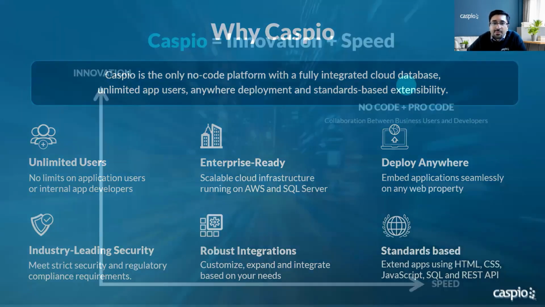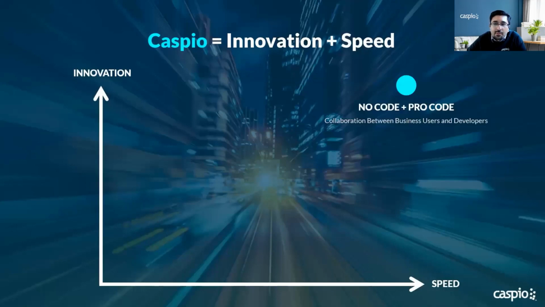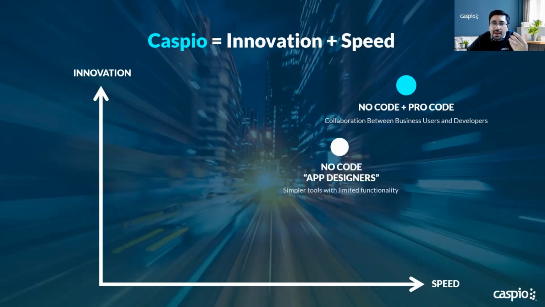And that last point is important for the topic of today's webinar. So Caspio combines the best aspects of no-code platforms with pro-code developers like Akcelita. Unlike simpler no-code app designers with limited extensibility, Caspio allows you to use pro-coders to develop applications that are tailored to your needs.